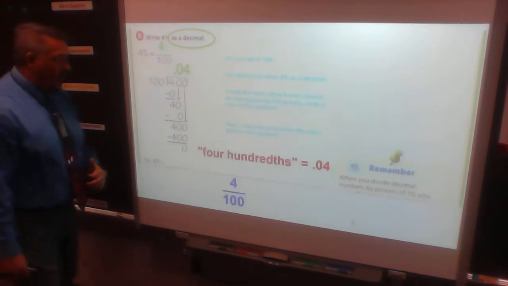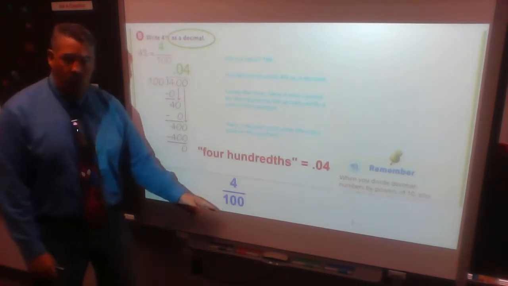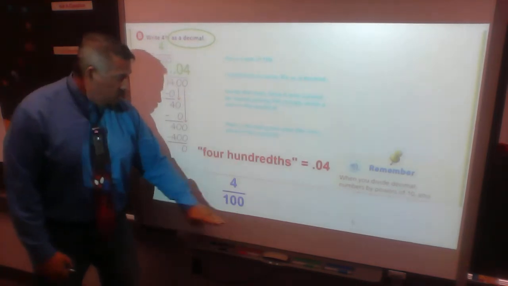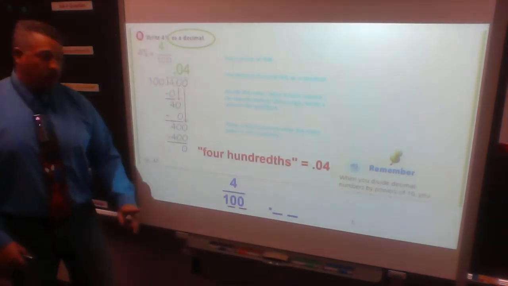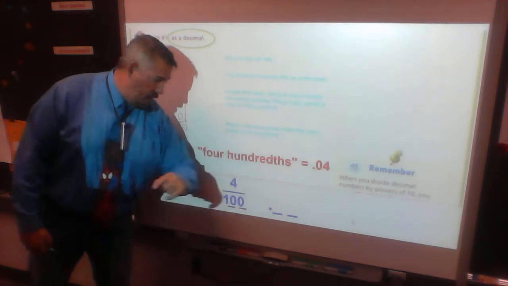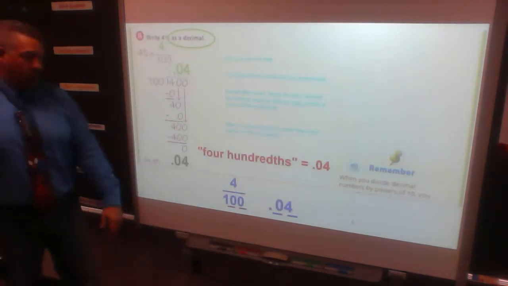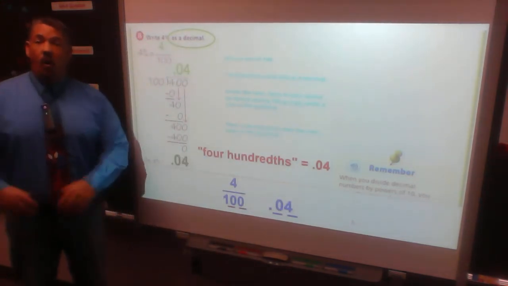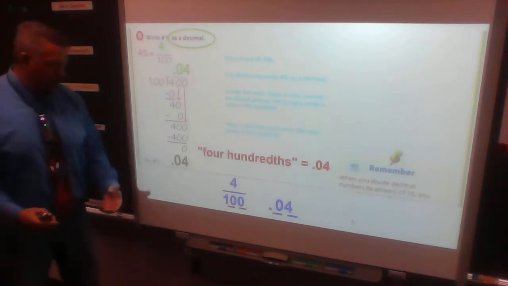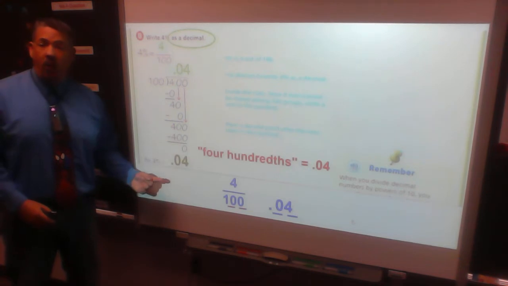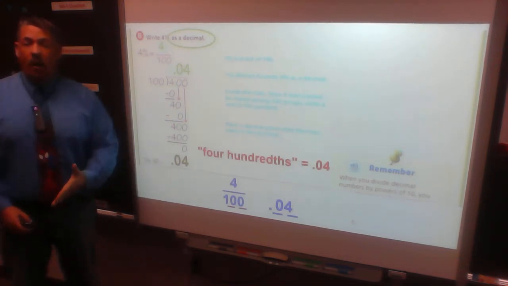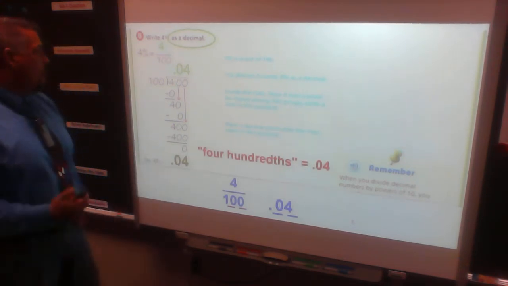Or I could look at it as, well, it's 4 over 100 and I have 2 zeros in my denominator, so I have to have my 2 zeros in my answer, and then I can write my numerator in that last position. Therefore, I'd have to fill in with a 0. All 3 ways you do it is going to get you the same answer, that 4% is the same as 0.04, also known as 4 hundredths.